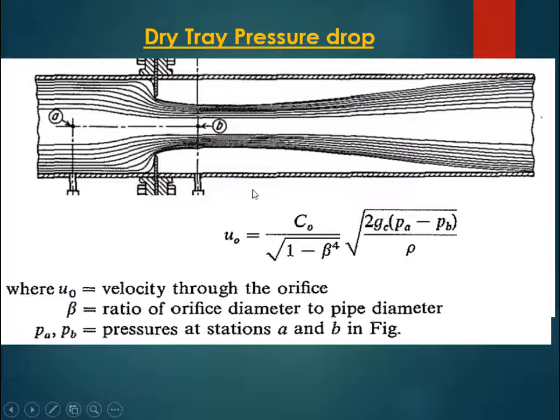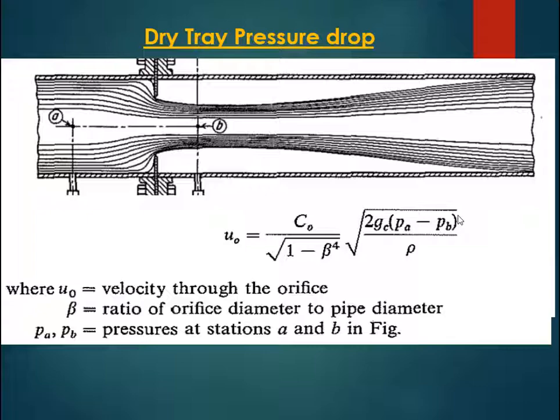For example, this expression I have taken from the book McCabe and Smith, where they have done an energy balance between the two points A and B, and based on that they have calculated the flow of fluid through the orifice. So if I am interested in pressure drop instead of flow, then we have to rearrange this equation, with delta P on one side and other terms on the other side.